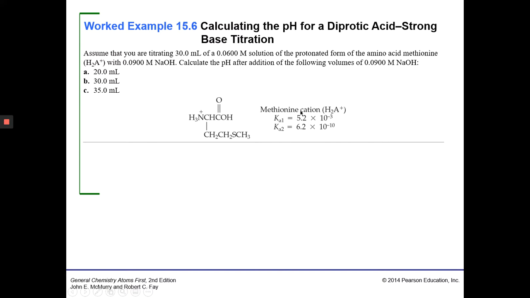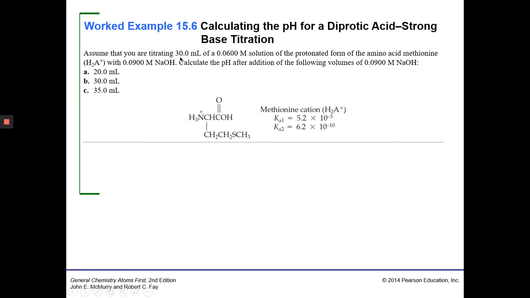Okay, here is the formula for protonated methionine. Okay, there's 2 acidic hydrogens. There's this one on the oxygen, and then there's this one on the nitrogen. Okay, so we have 2 Ka values, Ka1 and Ka2. Okay, so our strategy here is let's calculate the millimoles of methionine solution that we started with.